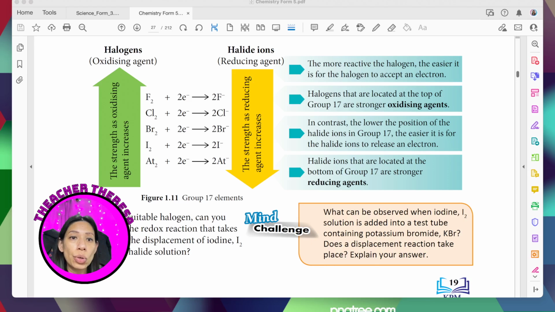That particular substance will undergo reduction, because it has to form a negative ion. Forming a negative ion involves receiving electron, so it's reduction.